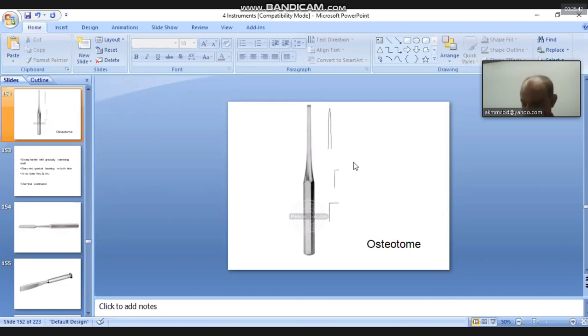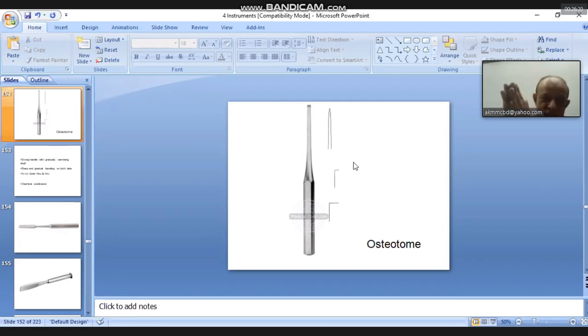Now, why the difference? Because when both sides are beveled, then you can cut easily through it. But when one side is beveled, you cannot cut easily. One side you cannot cut. It is straight. And therefore, it will cut very slowly, only on one side. Therefore, osteotome is used when we cut the bone through and through, all the way.